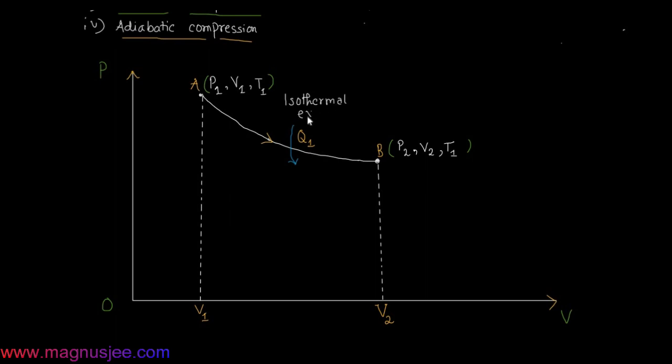The gas undergoes isothermal expansion from A to B, absorbing Q1 amount of heat energy. Then the gas undergoes adiabatic expansion from the state B to C.